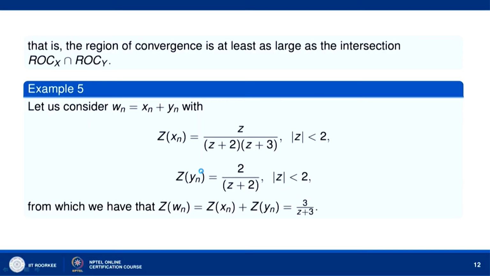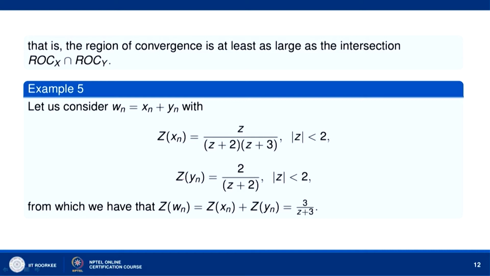And here let us consider w[n] equal to x[n] plus y[n]. Suppose Z{x[n]} is (z+2)/((z+2)(z+3)), where mod of z is less than 2. Z{y[n]} is 2/(z+2), where mod of z is less than 2. Okay.